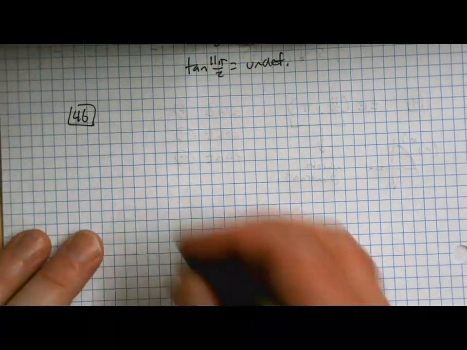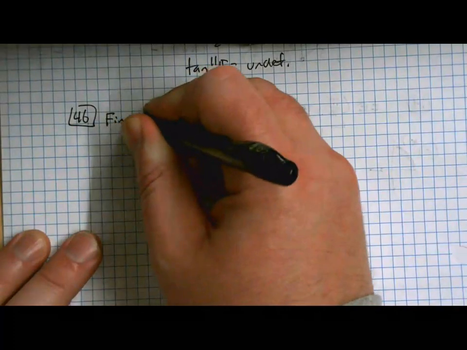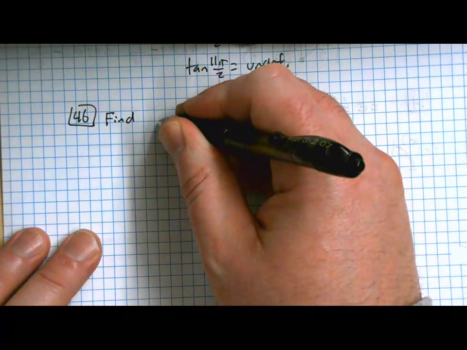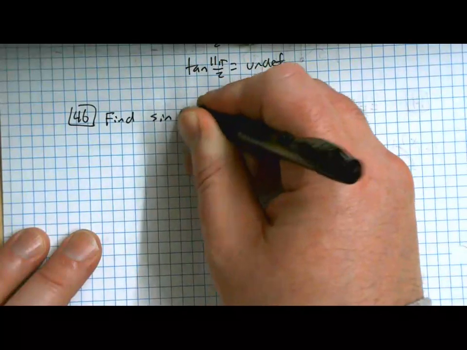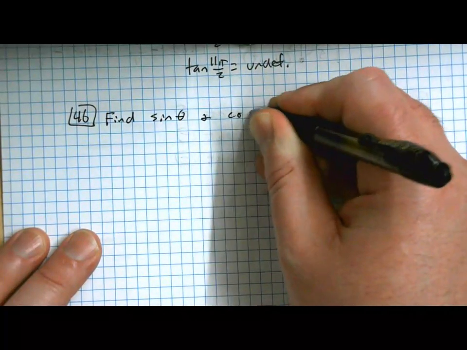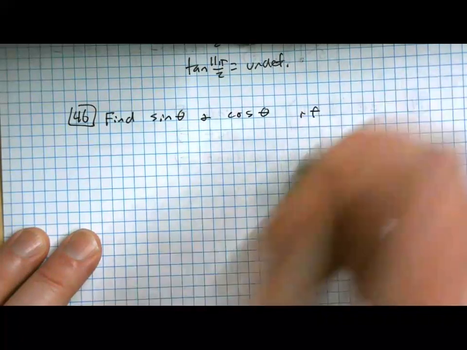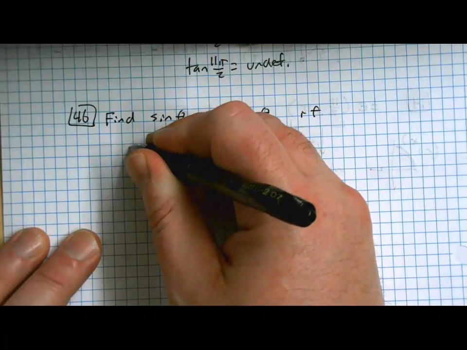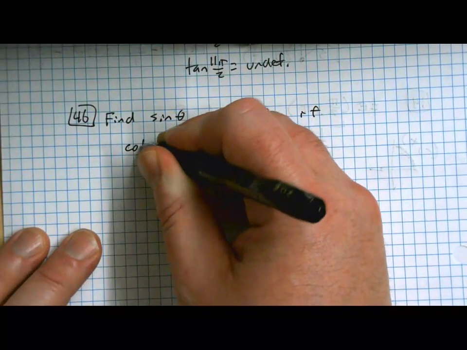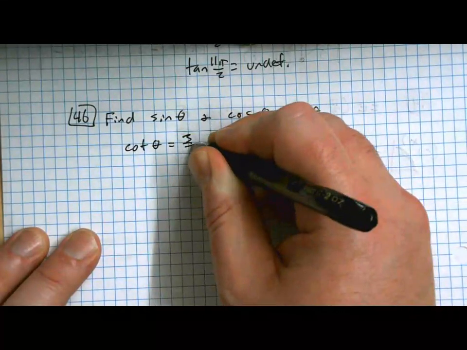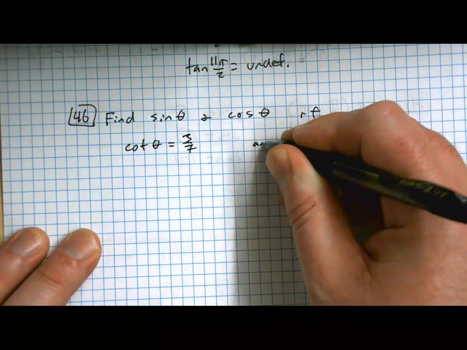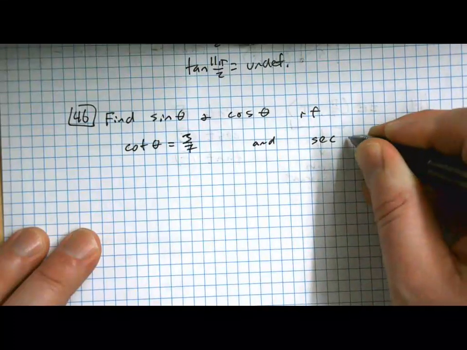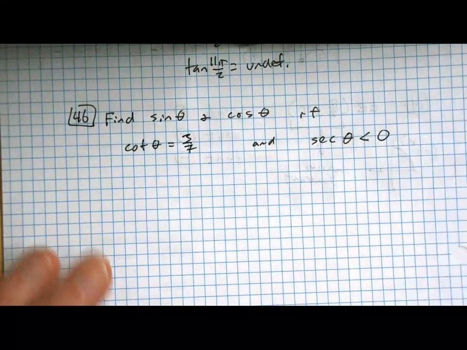So I'm going to write out the full instructions because it contains a lot of information that we need. So find sine theta and cosine theta if, and then I'm going to put this on a separate line, 46, cotangent theta equals 3/7, and secant theta is less than 0.